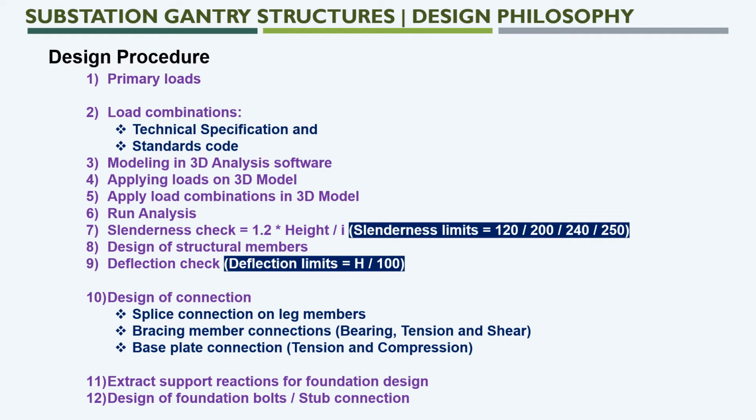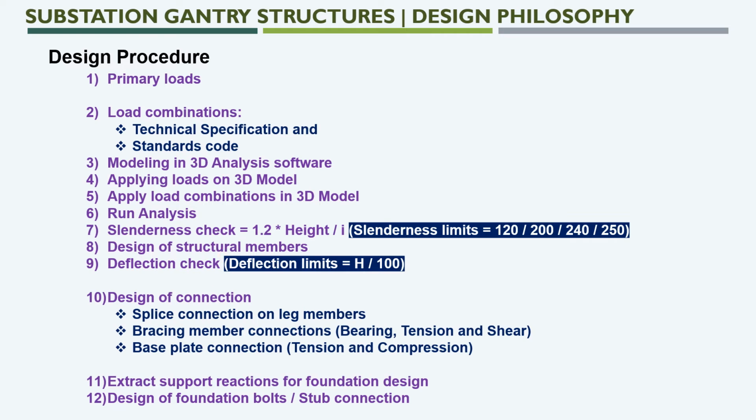It means after calculating, my actual deflection should not go beyond 100 mm. If it goes beyond 100 mm, the structure will be considered unstable. Then we have to redesign by increasing the structural member profiles.